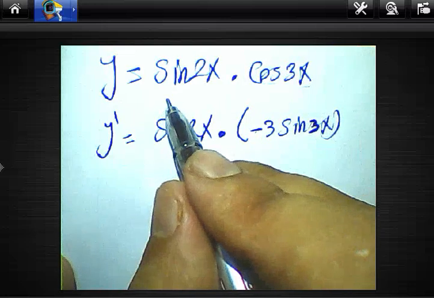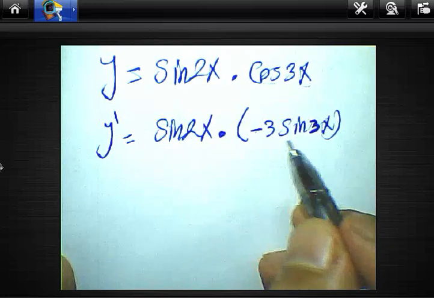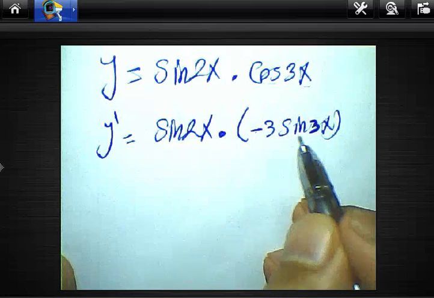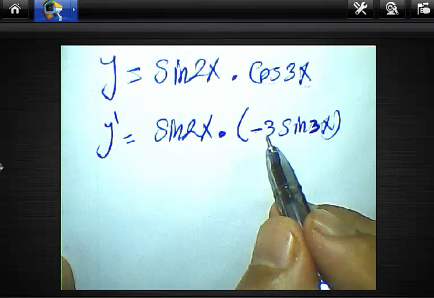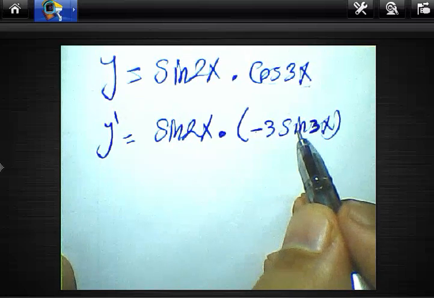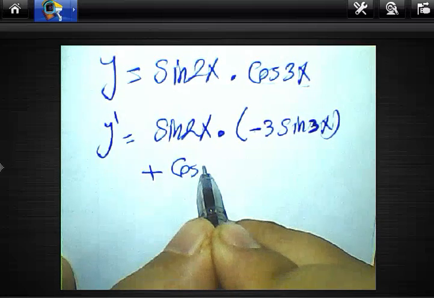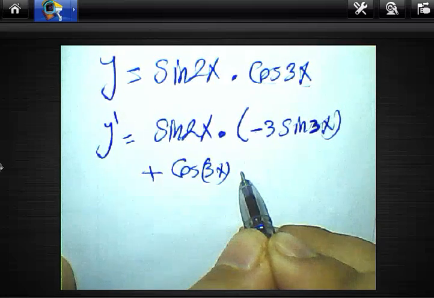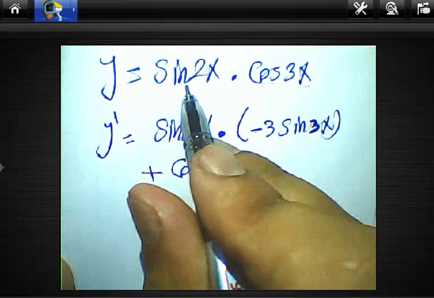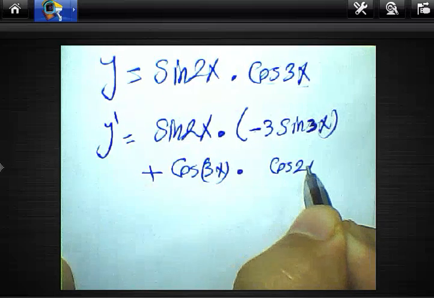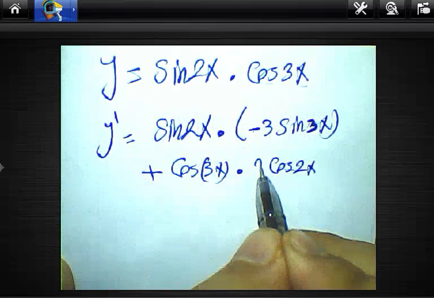Okay, first multiply the derivative by the second. The derivative of cosine will be negative sine, and the derivative of this angle will be 3, so we must write 3 outside here. It's the coefficient of this trigonometric function. Okay, plus we write the second here, cosine 3x, multiplied by the derivative of the first. Sine will be cosine, and the derivative of the angle will be 2.